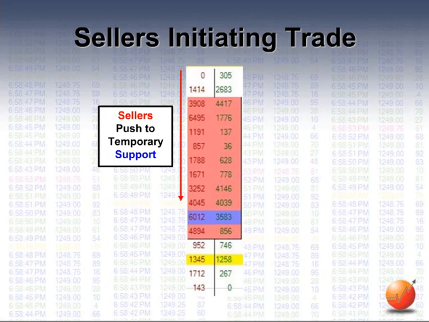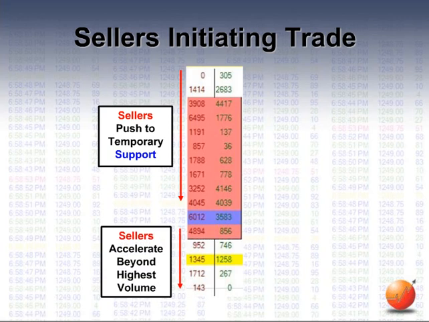All right, but if we start trading down and we see a lot of trade coming in and building up a huge concentration of buyers and sellers at the bottom, and then they're able to initiate enough trade to trade through that, then that temporary level of support that we were creating, or that temporary level where the buyers were responding, has failed.